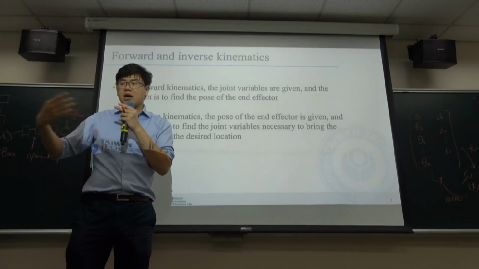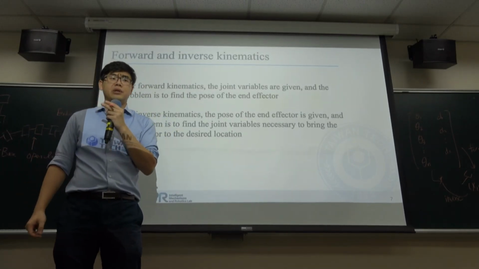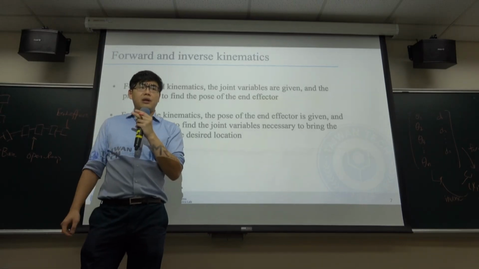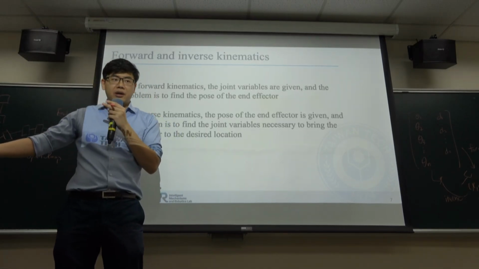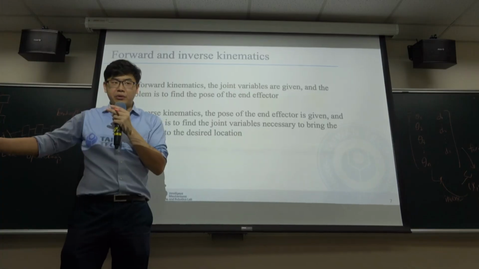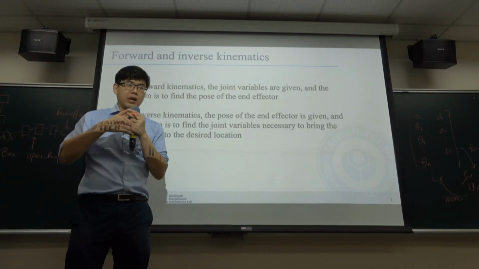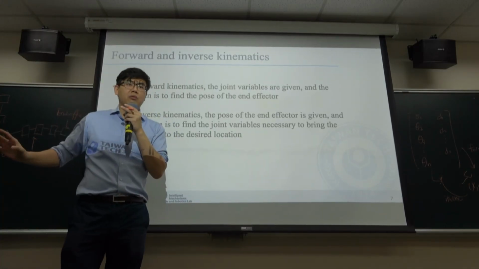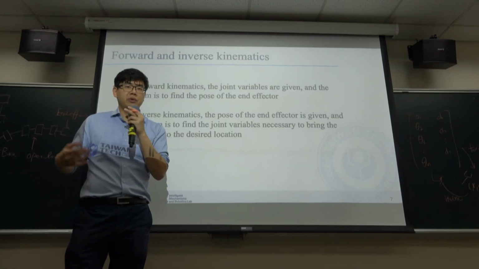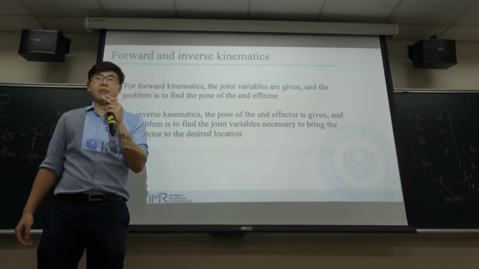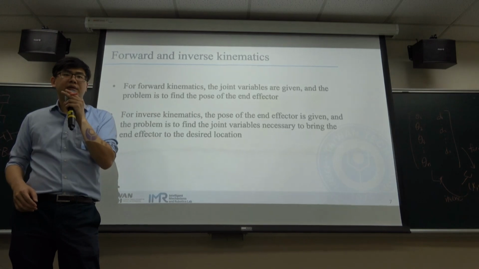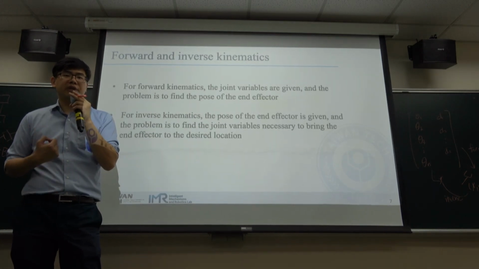What kind of kinematics do we want to use? If we have a desired configuration we want to go to, what kind of kinematics do we need to use? Any answer? Forward or inverse?